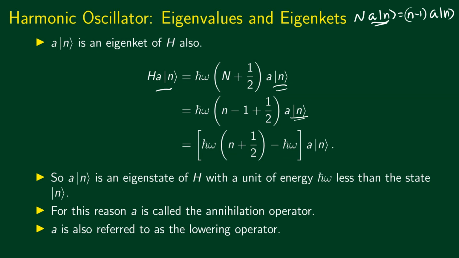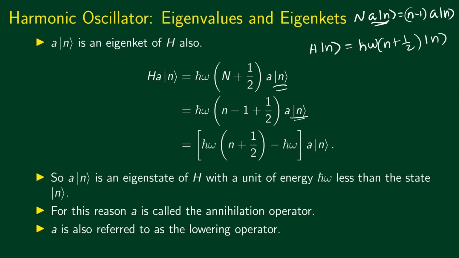We see that the Hamiltonian acting on a ket n reproduces the same state with a number multiplying it, which means that a ket n is an eigenket of the Hamiltonian, but with eigenvalue h bar omega times n plus half, minus h bar omega. Now what is this h bar omega times n plus half? We know that it was the eigenvalue of the Hamiltonian corresponding to the state ket n, because we had H acting on ket n equal to h bar omega times n plus half multiplying ket n.